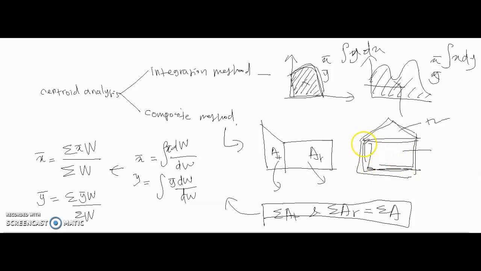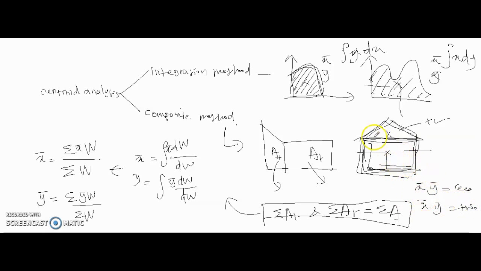For example, find the center of gravity for the rectangle first, and you will get the x bar and y bar for the rectangle. Then find the center of gravity of the triangle.